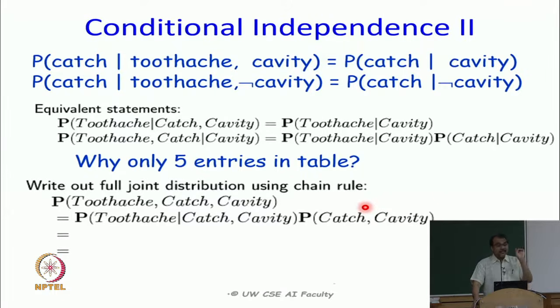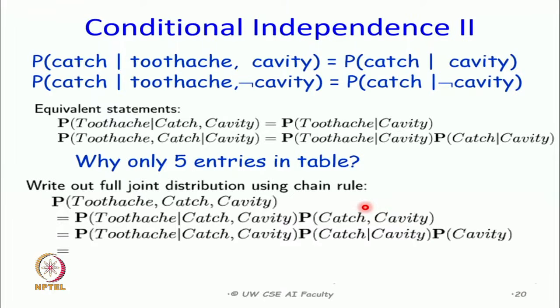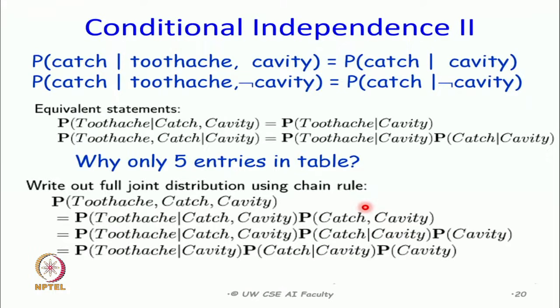Probability of toothache given catch comma cavity is equal to probability of toothache given cavity. Moreover, we can also divide catch comma cavity into 2 steps, catch given cavity and probability of cavity. So, overall we get probability of cavity times probability of catch given cavity times probability of toothache given cavity.